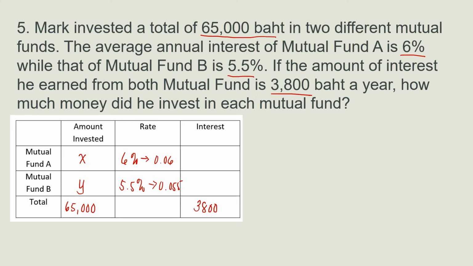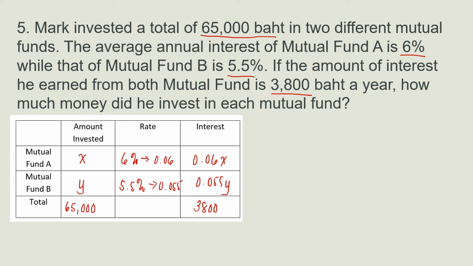So that is x times 0.06, or 0.06x. Same thing with mutual fund B: y times 0.055, or 0.055y.